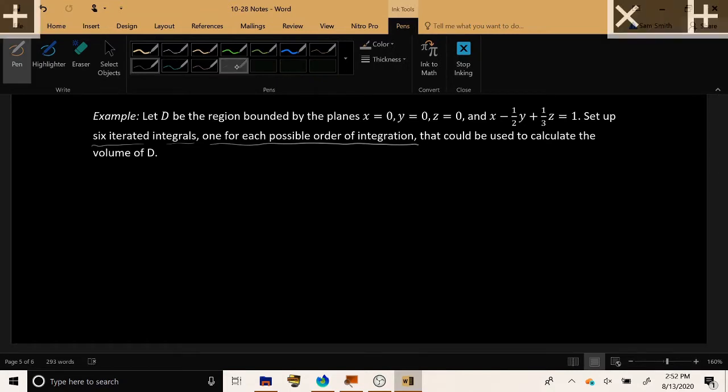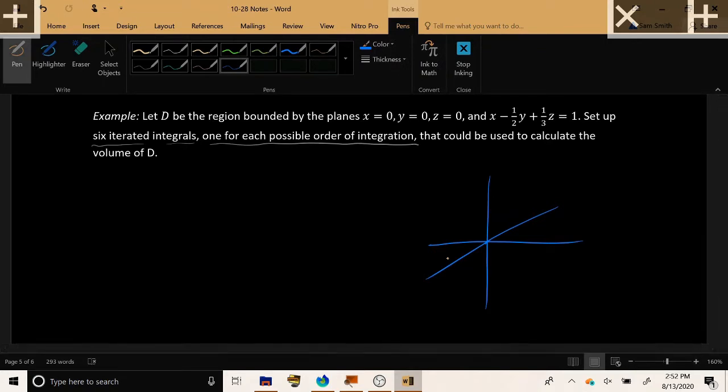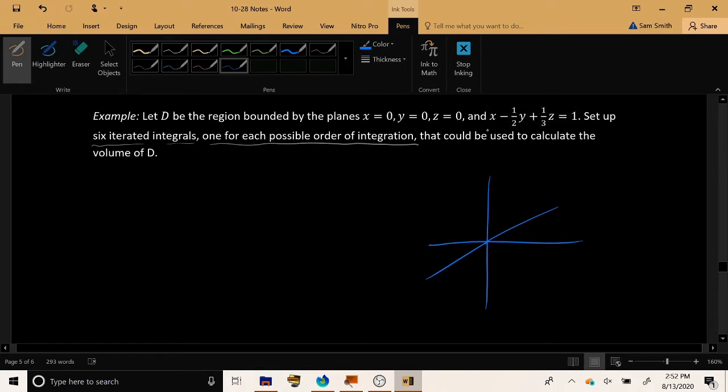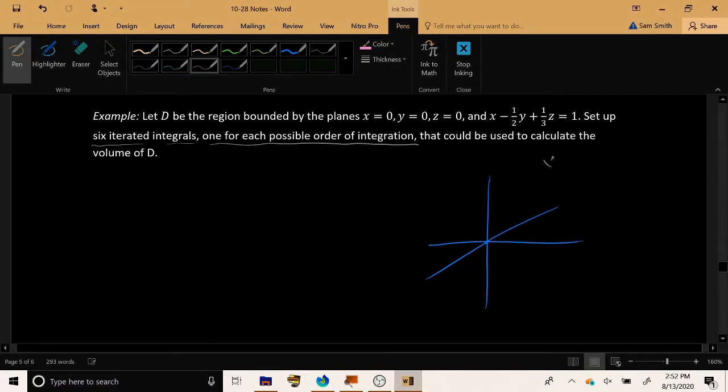Let's go through this slowly, and look at all 6 possible orders of integration one at a time. I'm going to start by sketching in a bit of information about this plane, x minus 1/2 y plus 1/3 z equals 1.